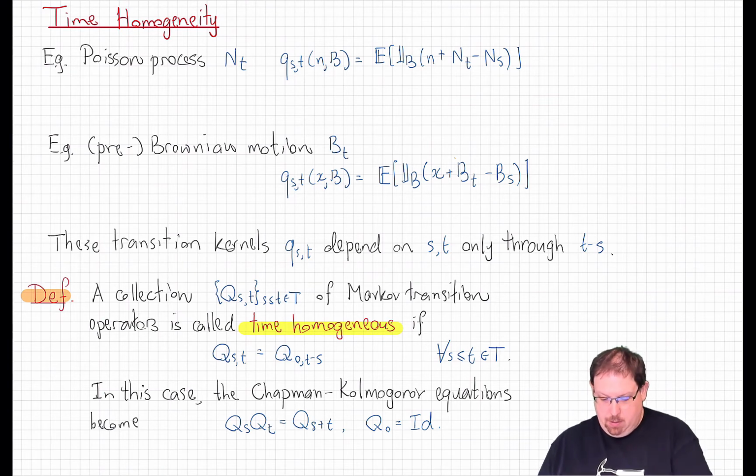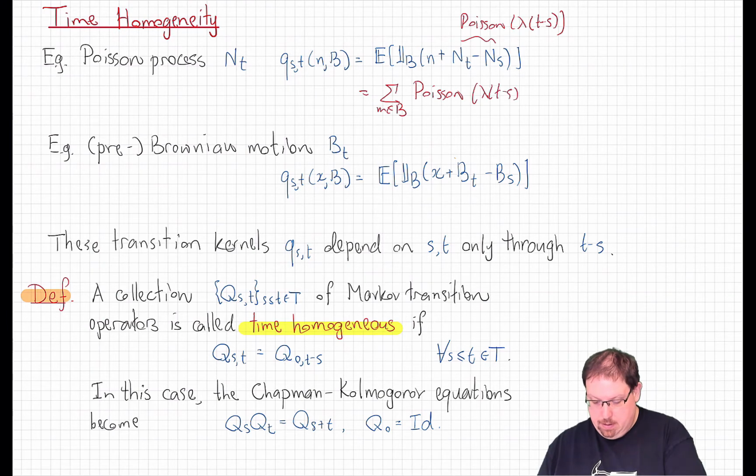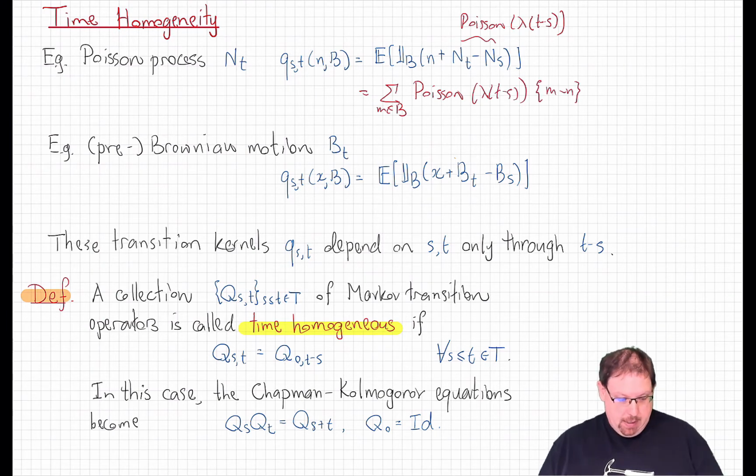So that means that we can calculate this as the sum over all those integers in the set B of the Poisson probability mass function of the singleton m minus n. And the key feature I want to point out here is that therefore this kernel depends on s and t only through t minus s.